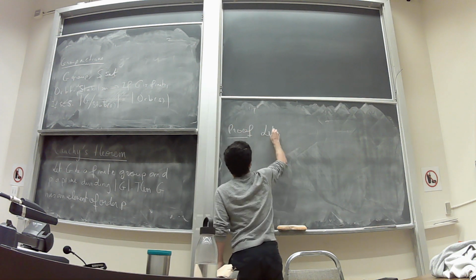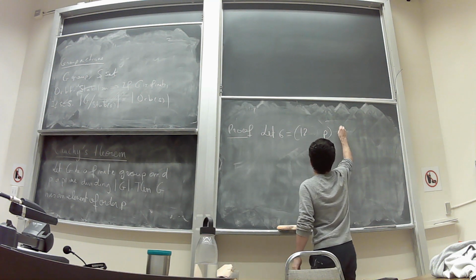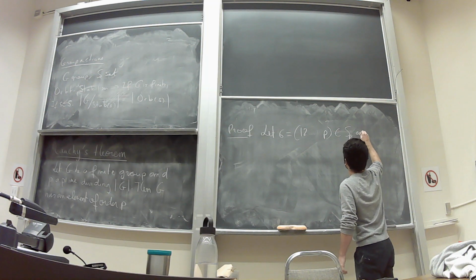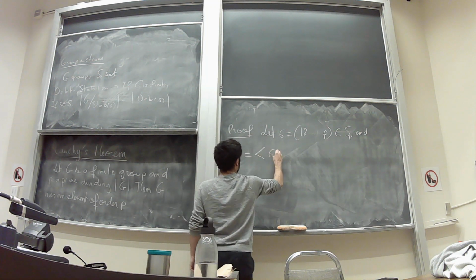Let sigma be the p-cycle (1, 2, 3, ..., p) in S_p, and H the subgroup generated by sigma.